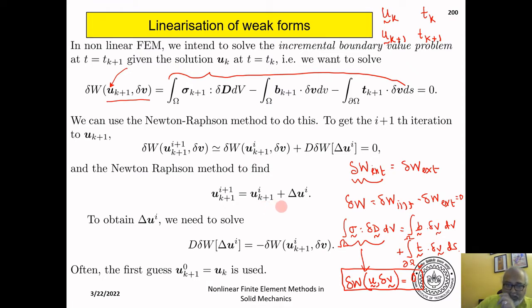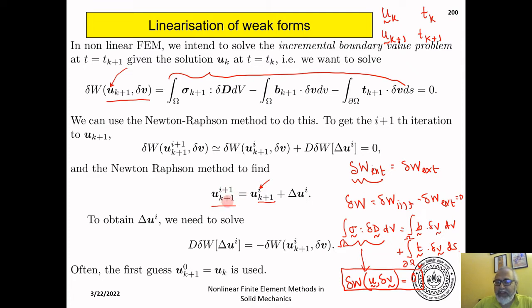So here there are two indices, a subscript and a superscript. The subscript is the time step, the k plus 1th time step, and within that time step the superscript gives you the iteration number. So this is the I plus 1th iteration to the displacement vector UK plus 1.